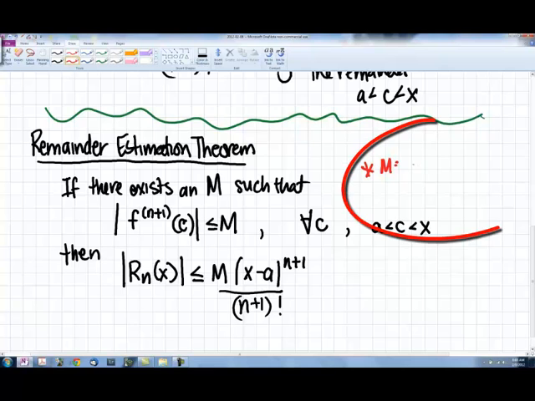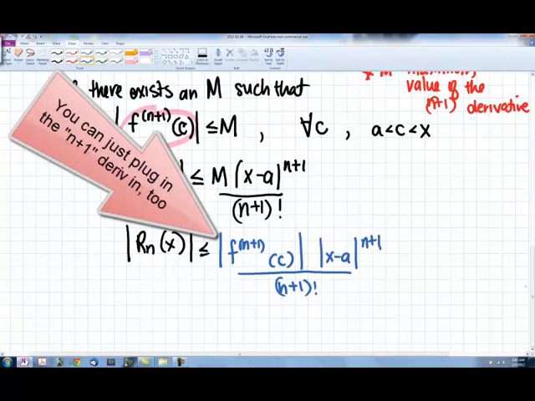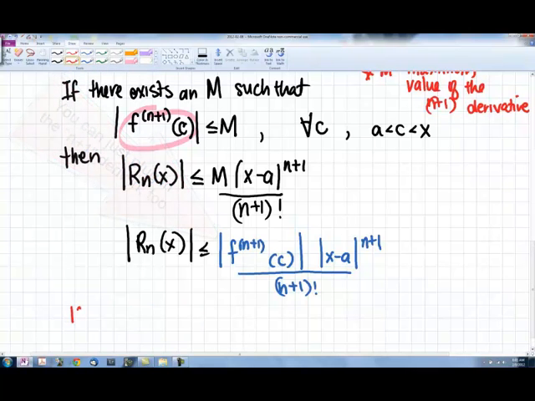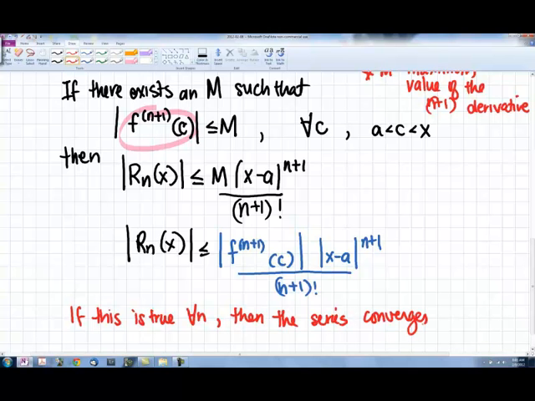M is what we refer to as the maximum value of the n plus 1 derivative. So what this is used for is, if this is true for every n, then our series is going to converge to whatever your f of x is.